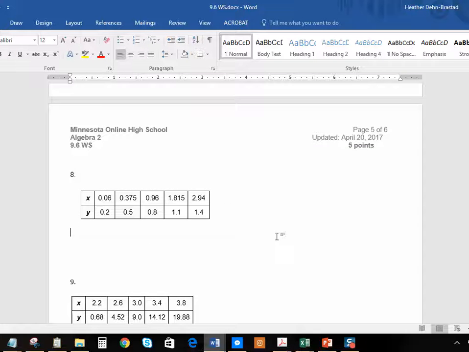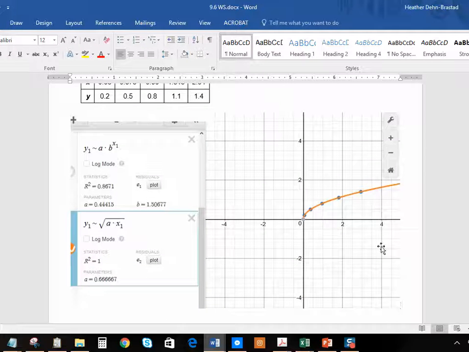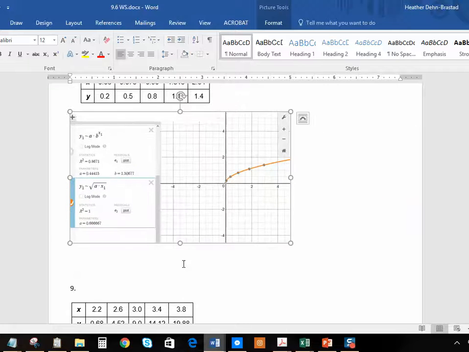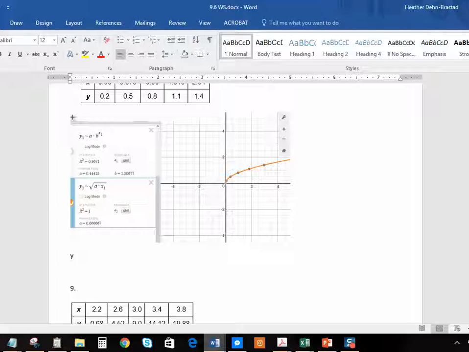So I'm going to paste this right here, and then I can put the equation right after that. It might be a little easier now that I have the information already there. So y is equal to, oh, it's supposed to be the square root of 0.666667x. And there you go, your equation's done.